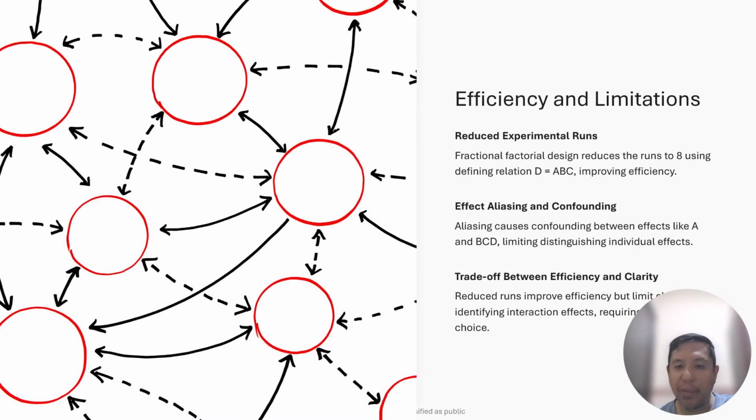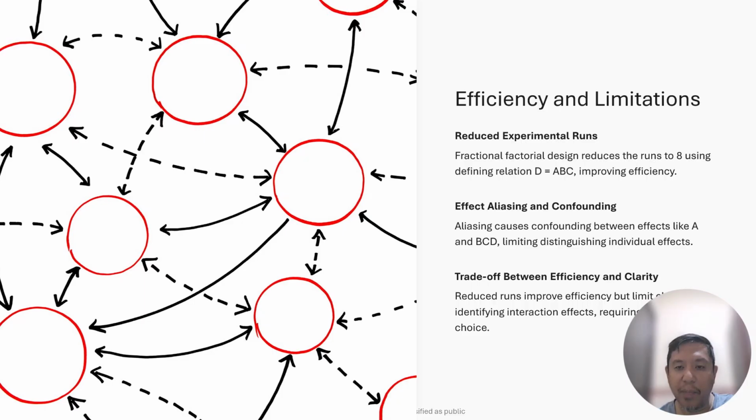So in terms of efficiency and limitations, we can say that factorial design reduces the runs to 8 using defining relations like D equals ABC, improving efficiency.